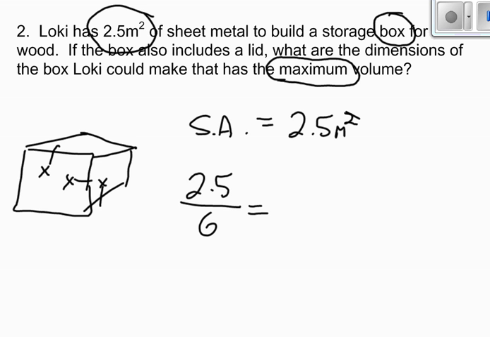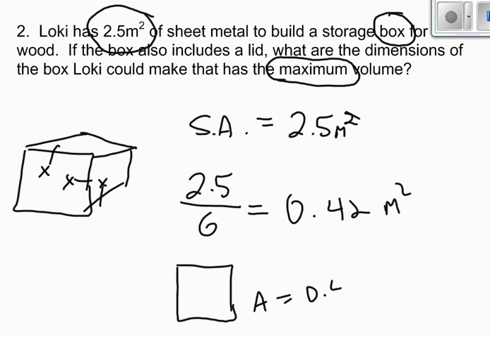And that'll tell me how much material I have for each side. So for each side, I have about 0.42 of a square meter. So each side is going to be a perfect square with an area of 0.42 square meters.